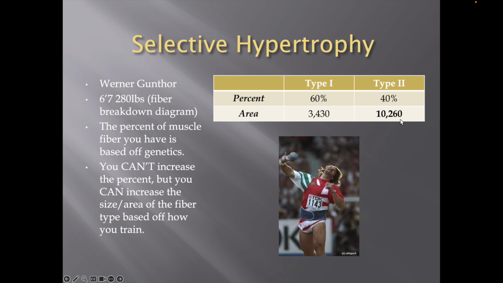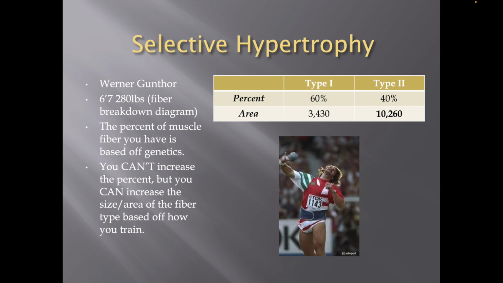And since our type 2 muscle fibers tend to be our biggest muscle fibers, they are the ones that will grow the most if you actually train them. So that's why, even though he had a smaller percentage of type 2 muscle fibers, the total area these type 2 muscle fibers took up in his body was a lot greater than his type 1 muscle fibers.